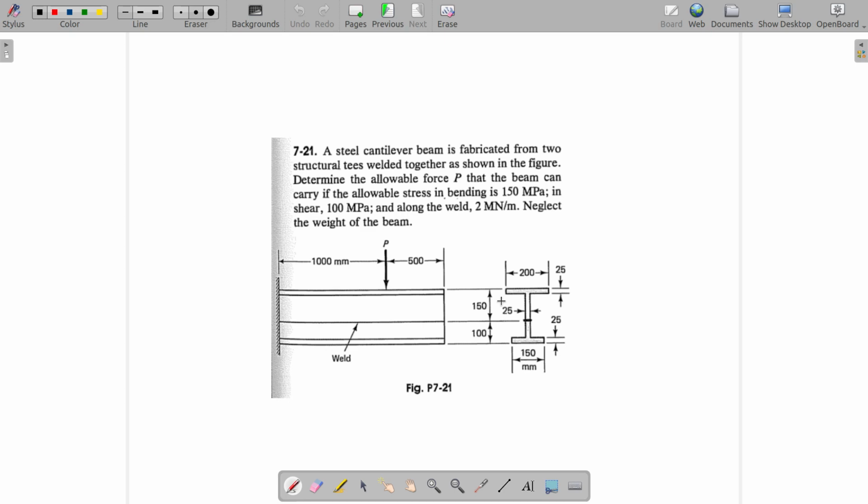So this 2 meganewton per meter is not exactly shear stress, it's the value of shear flow which we have talked about during the derivation.